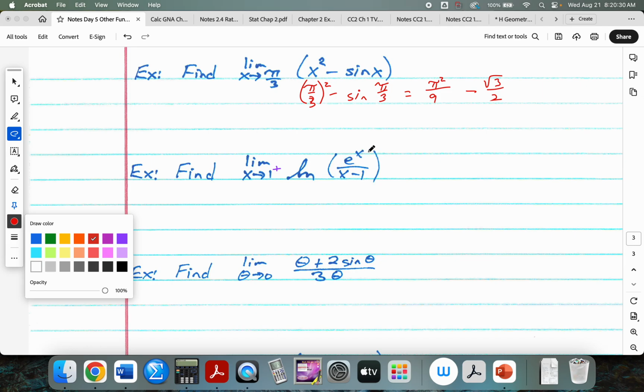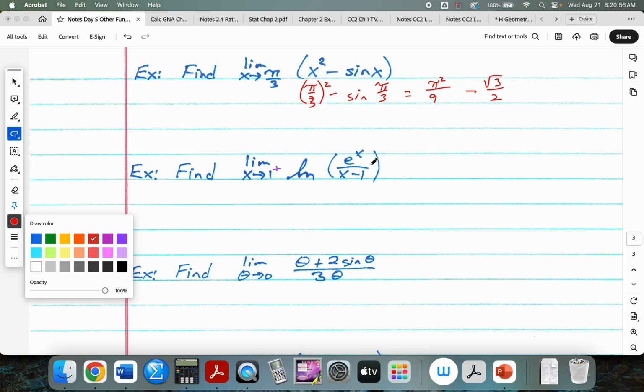The numerator is going to go to... As x goes to 1, what does e to the x go to? This is not a trick question.